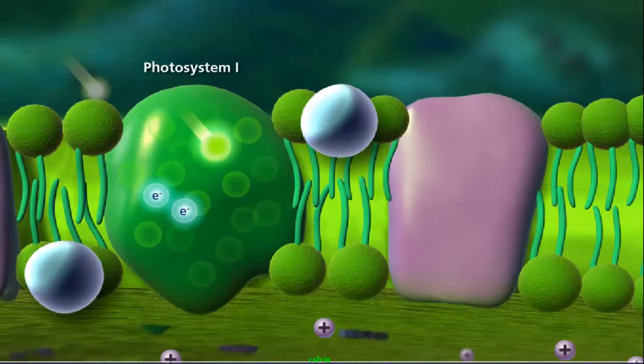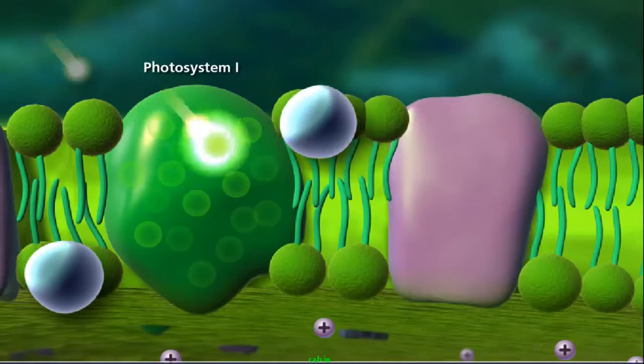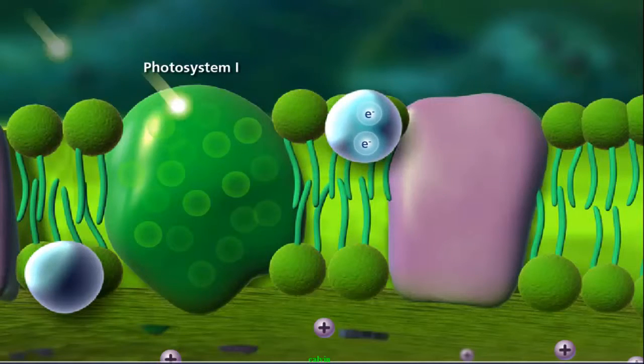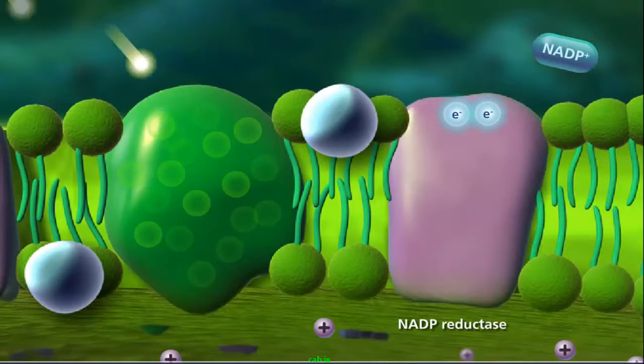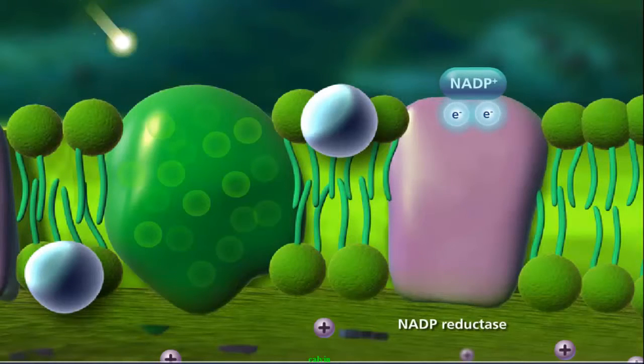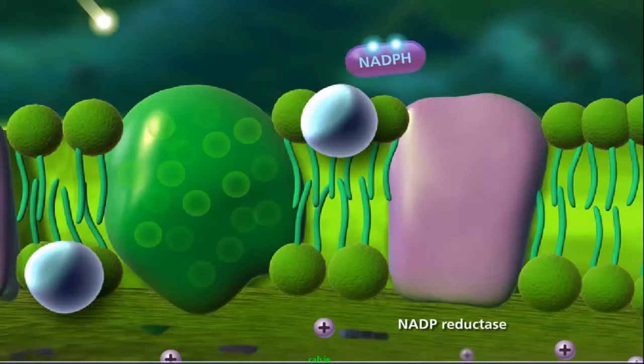Within photosystem 1, low-energy electrons are re-energized and are passed through an electron transport chain where they are used to reduce the electron carrier NADP+ to NADPH.